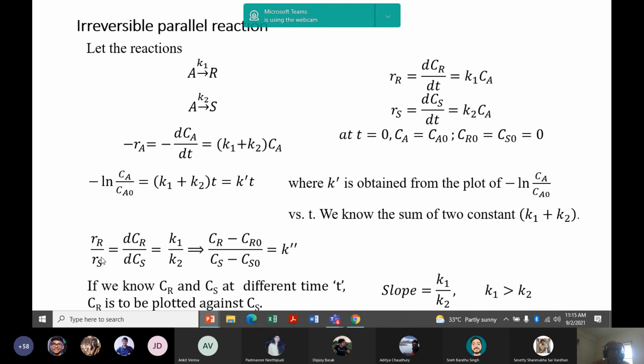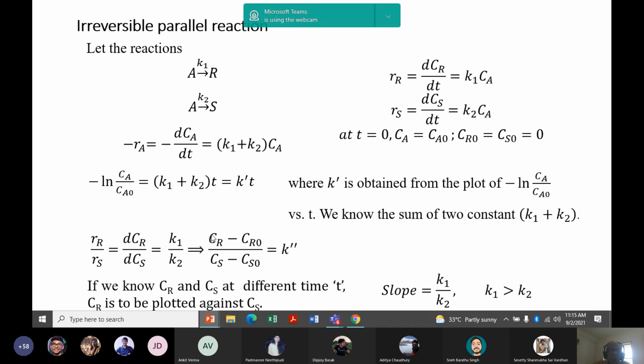Alternately, you can find out the ratio of rate of formation of R and rate of formation of S. This ratio RR by RS is K1Ca by K2Ca. Ca gets cancelled. This will be the ratio of two rate constants, which is equal to dCr by dCs, that is nothing but Cr minus Ca0 by Cs minus Ca0.